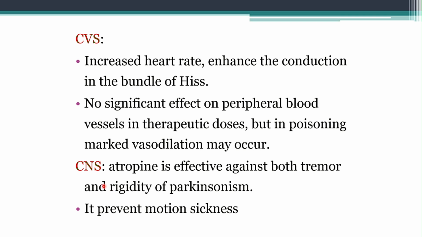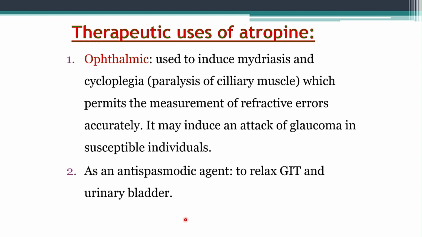On the central nervous system, atropine is effective against both the tremor and rigidity of Parkinsonism. It prevents motion sickness. From all these pharmacological actions, we can summarize the therapeutic uses of atropine.